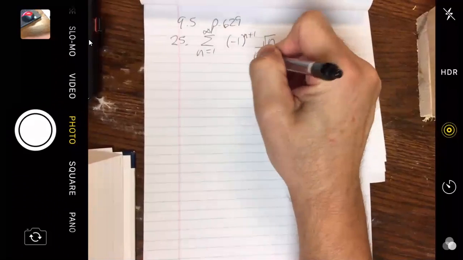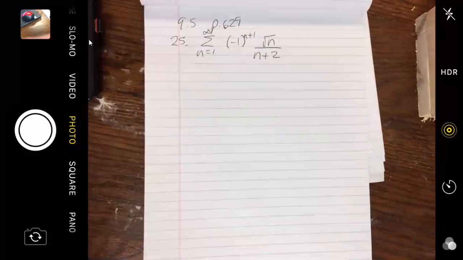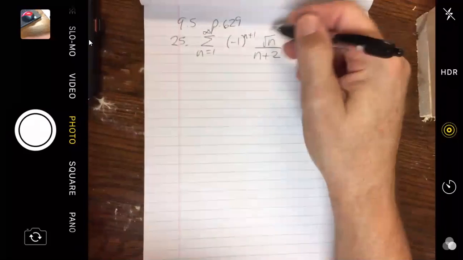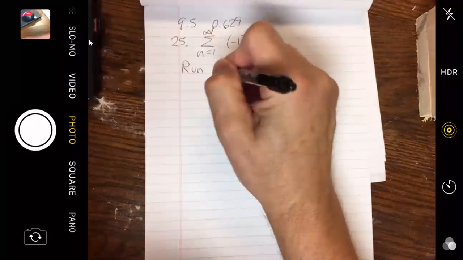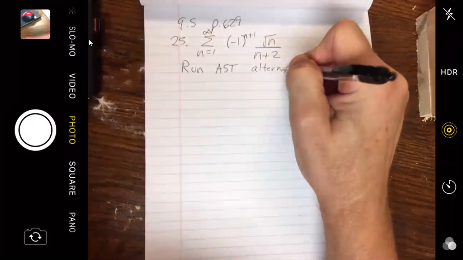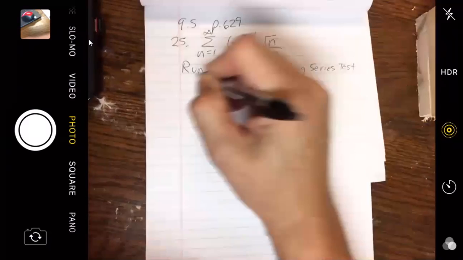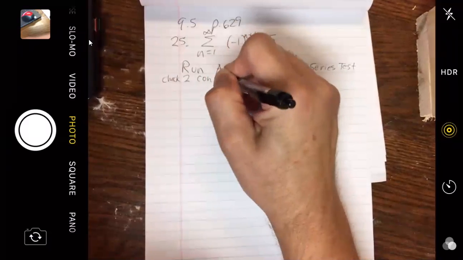Square root of n over n plus 2. All right. They're not asking for conditional, that's further down. They're just asking converge or diverge. So we're just going to run the AST, alternating series test, which means you check your two conditions.